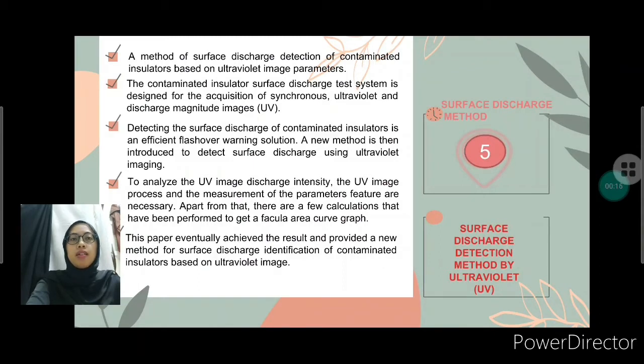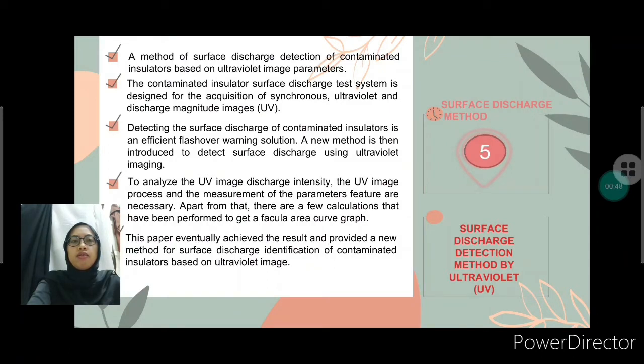The contaminated insulator surface discharge system is designed for the acquisition of synchronous ultraviolet and discharge magnitude images. Detecting the surface discharge of contaminated insulators is an efficient flashover warning solution. A new method is then introduced to detect surface discharge using ultraviolet imaging.